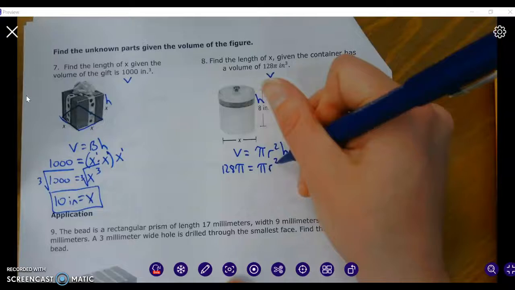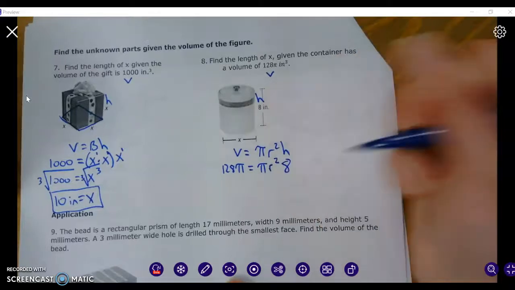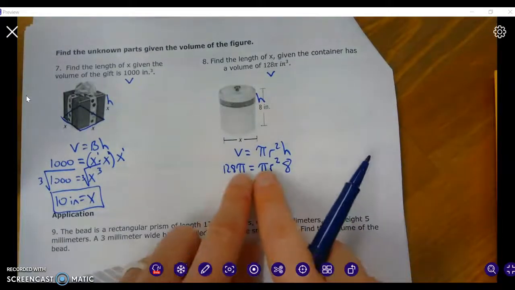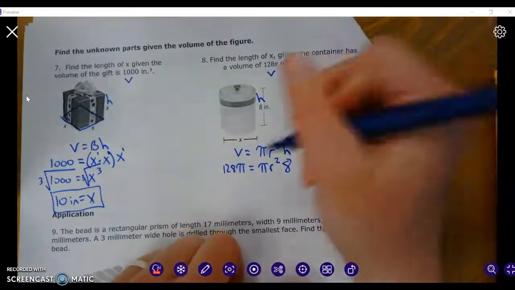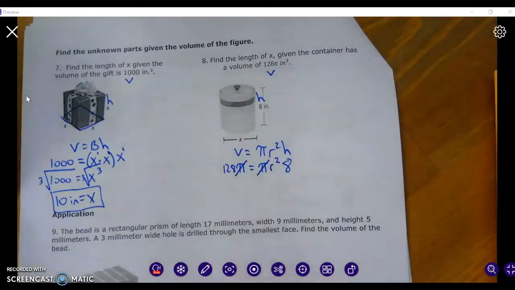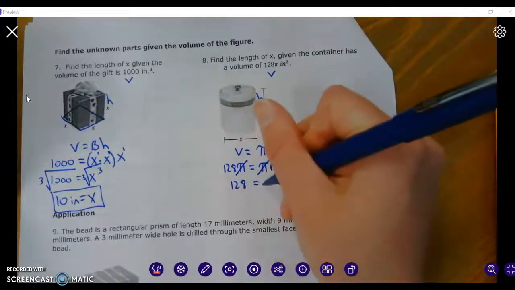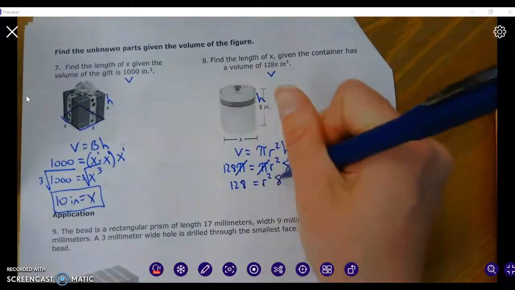I do not know what the radius is, and the height is 8. Okay, so one thing we can do right off the bat is there is a pi on both sides of the equal sign. So before we do anything, we can just go ahead and cancel both of those out. So then we have 128 equals r squared times 8.